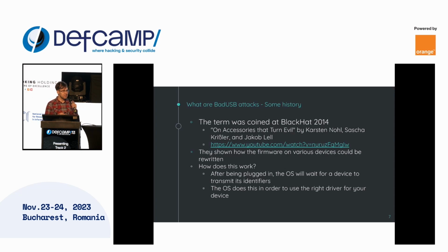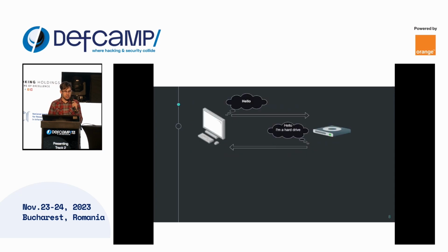The main mechanism used by BadUSB is that after plugging in a device, the operating system will wait for the device to identify itself. This is done by the operating system in order to use the appropriate driver. So it usually works like, hello, I'm a hard drive.